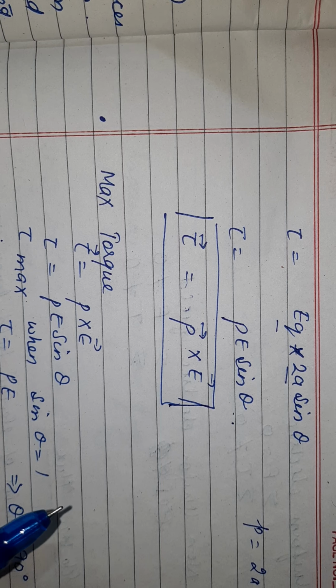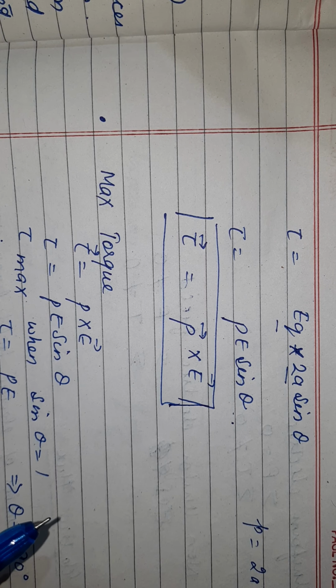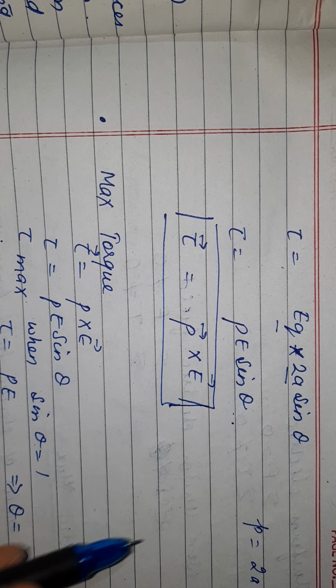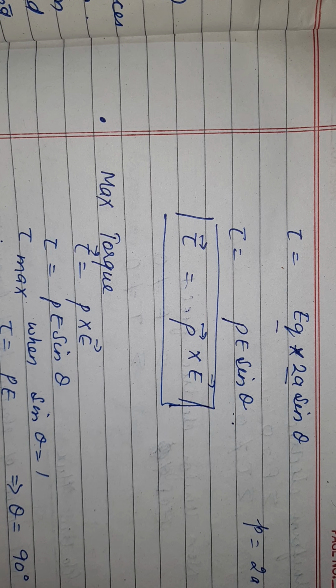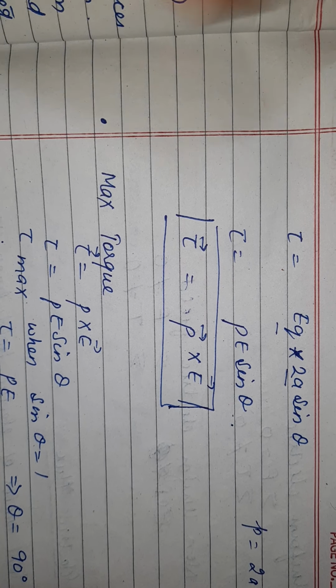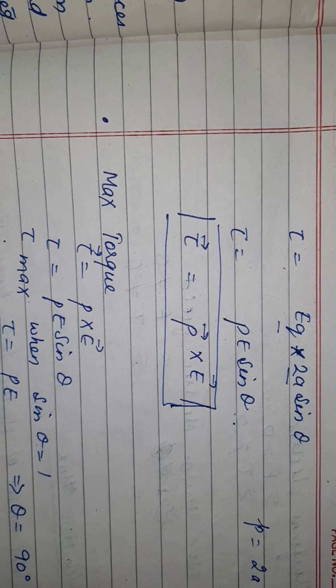Now what will be the condition of maximum torque? Maximum torque will be when theta is 90 degrees. Sine theta's maximum value is 1. So sine theta will be 1 when theta is equal to 90 degrees or pi by 2. And minimum torque means torque is 0.